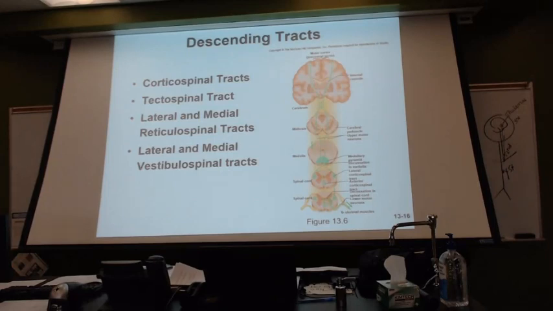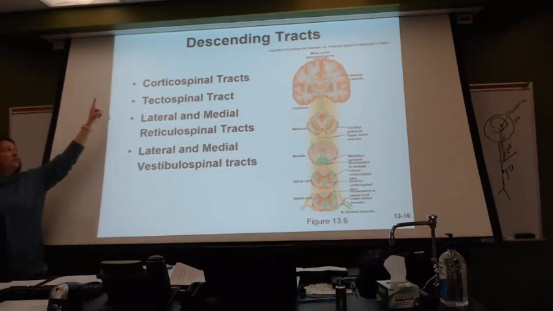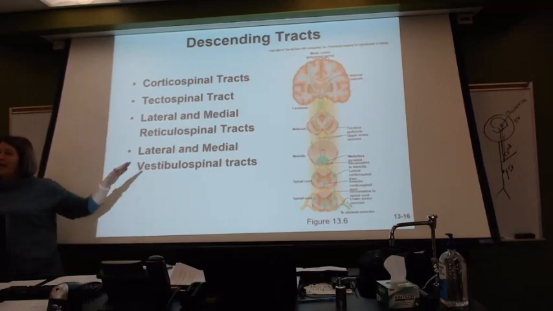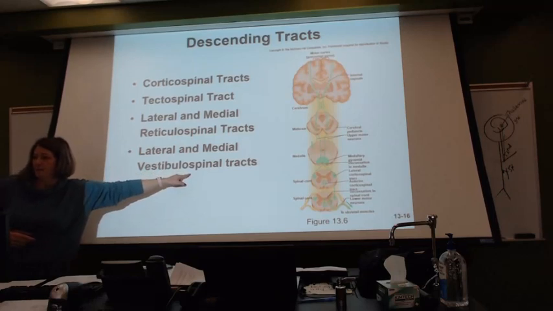It's just a reflex. And so, you know, we have our intentional movement, and we have that reflex that can occur. And this is giving you an idea of the different tracks that exist for that information coming down. Once again, letting us know the area of the brain where something may start and the point of the body where it ends. Like spinal. It's letting us know it ends at the spine. Okay?